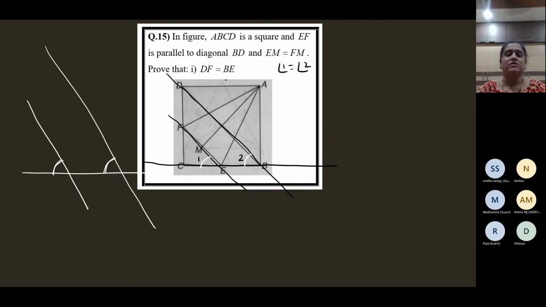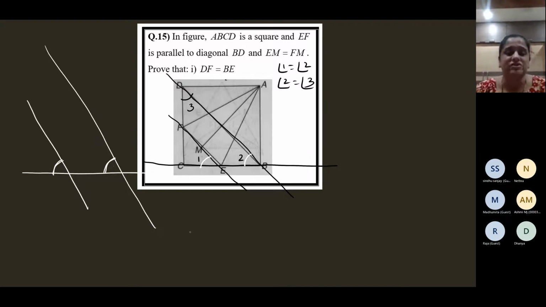That means in a triangle, when two sides are equal, two angles are equal. So let me mark this as angle 3. So in triangle BCD, BC is equal to DC. So angle 2 is equal to angle 3.